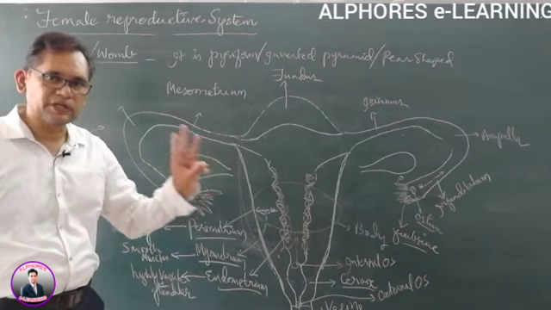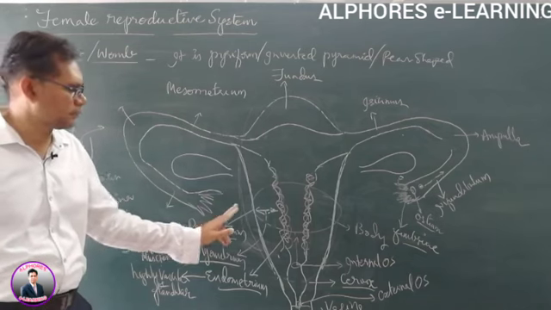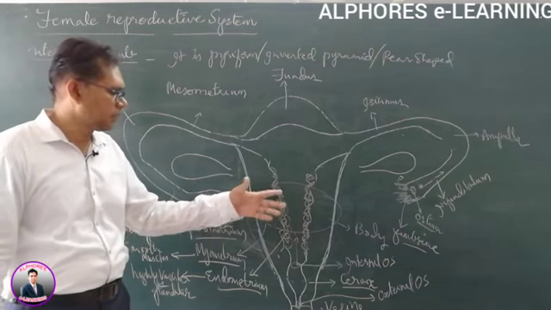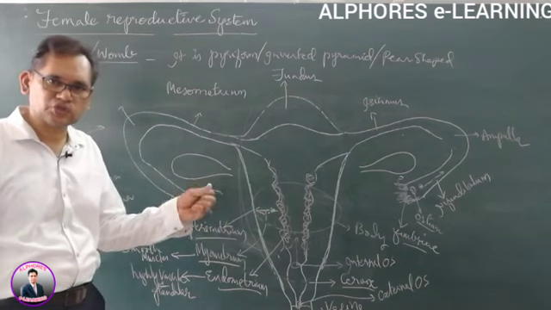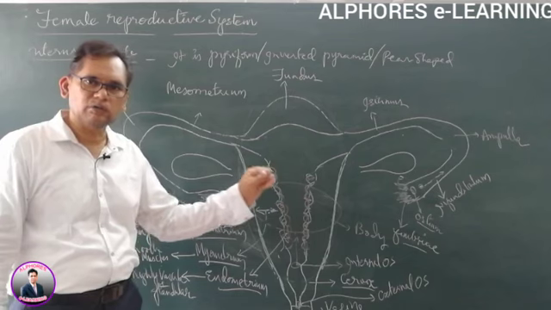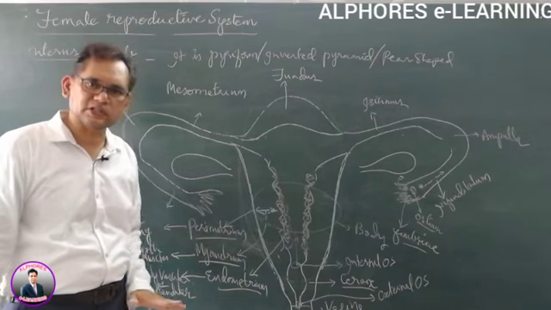It is made up of 3 layers. The outer perimetrium consists of thin connective tissue, the middle myometrium is made up of smooth muscles and shows contraction, and the inner layer has blood vessels, highly vascularized and glandular. It is the one which breaks down during the menstrual cycle.